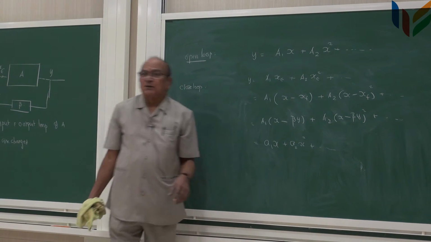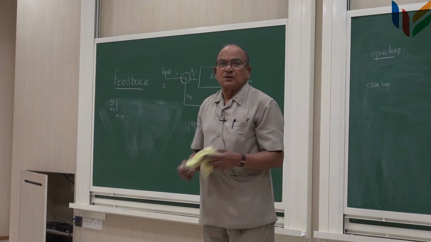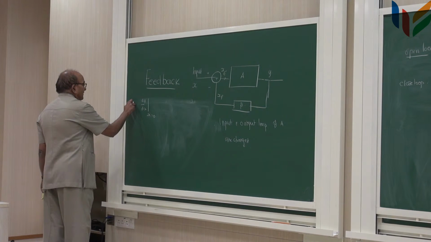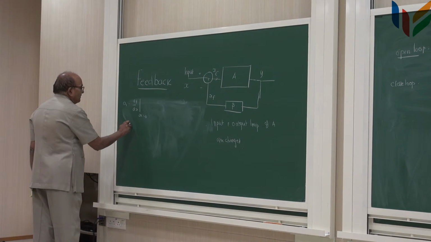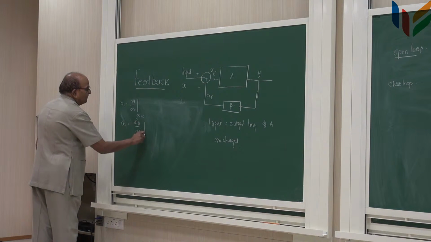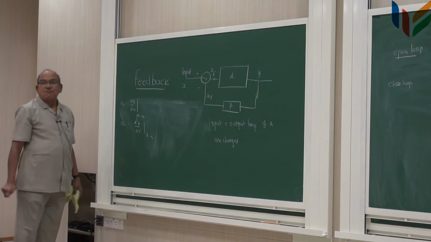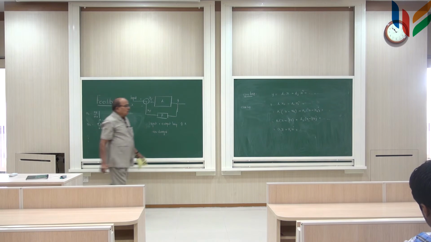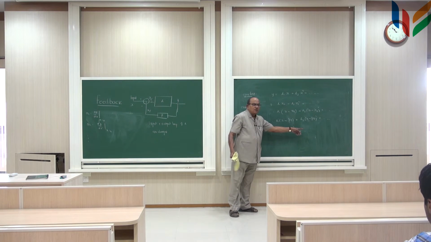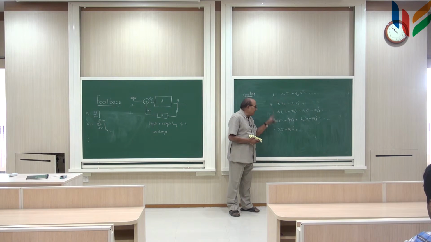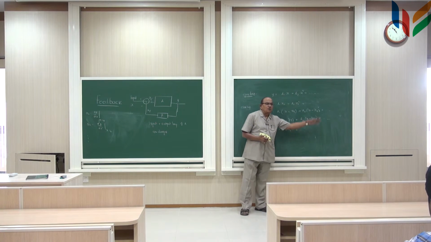So, a1 by definition is equal to dy by dx with x equal to 0, and a2 is equal to d square y by dx square with x equal to 0, and so on and so forth. So, I can find out the small a's by doing this operation on this y, which contains A1, beta, A2, and so on and so forth.